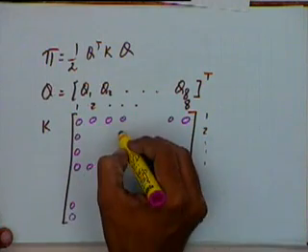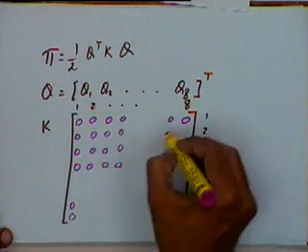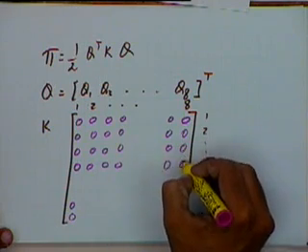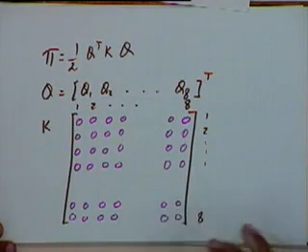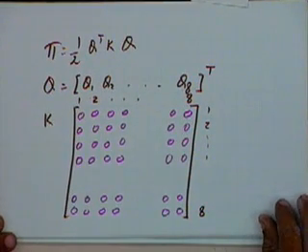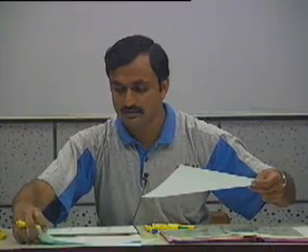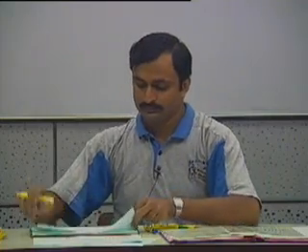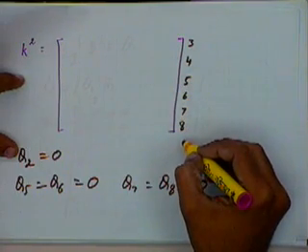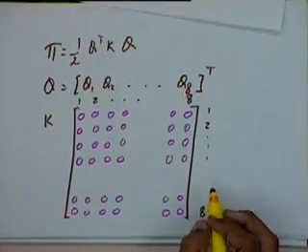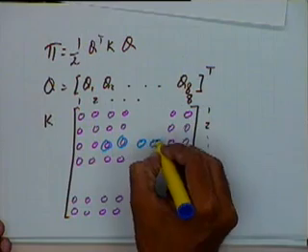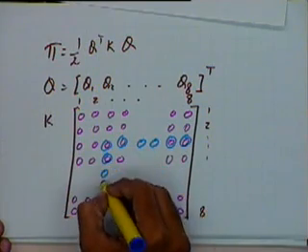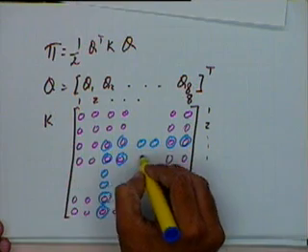So these locations will be occupied by elements of the first stiffness matrix, and locations 3, 4, 5, 6, 7, 8 will be occupied by the second stiffness matrix.